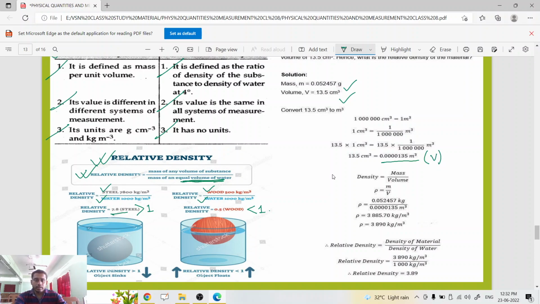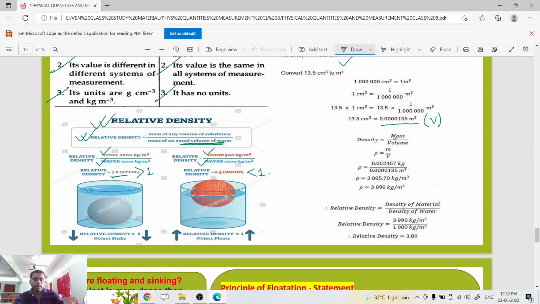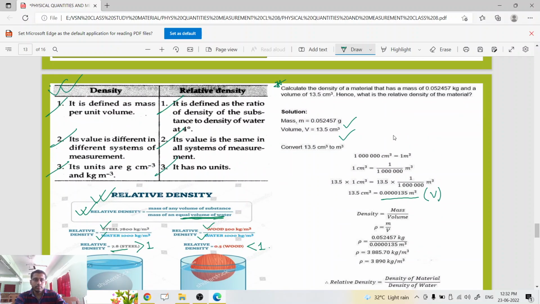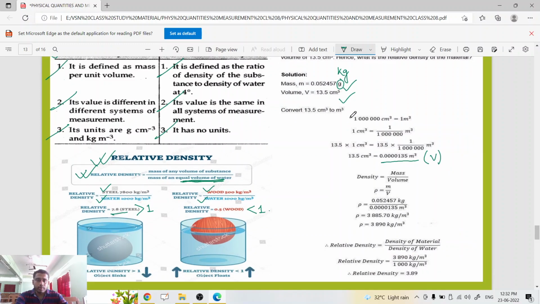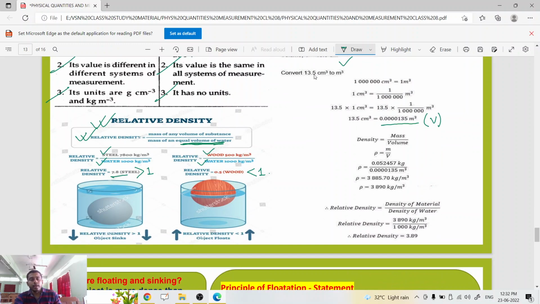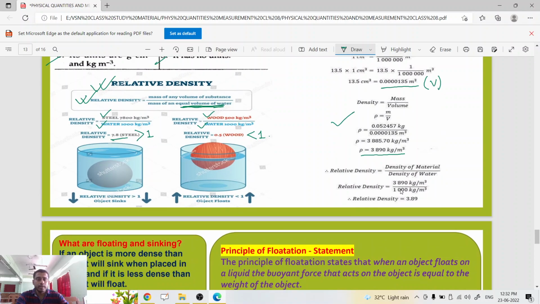Here it is given in gram, I think this is wrong, actually it is kg. So we convert the volume of the material into SI units. Now we put density equal to mass upon volume, and we get the density in the SI system approximately 3890 kg per meter cube.